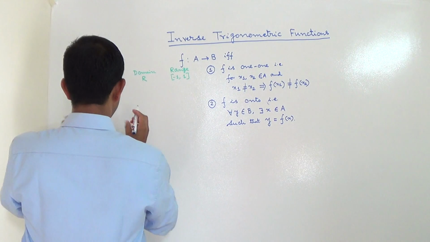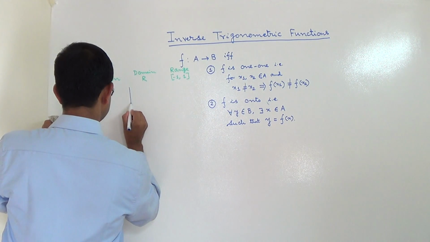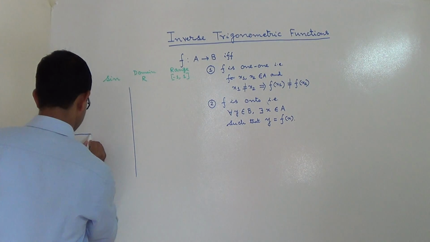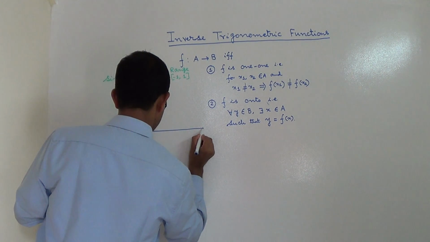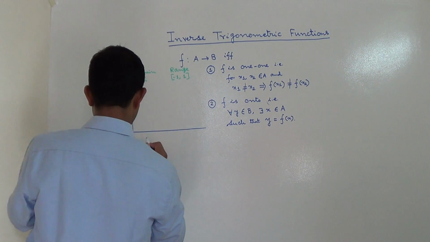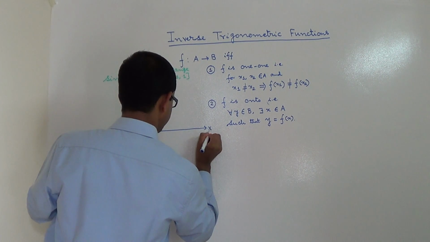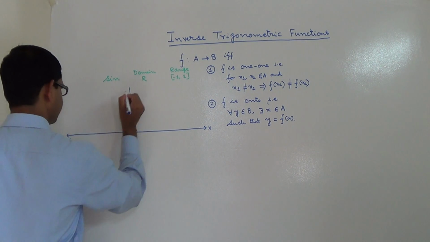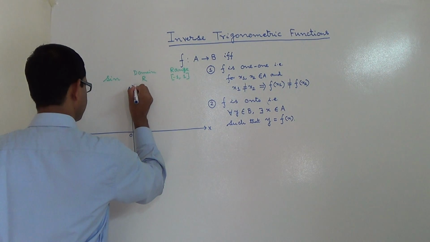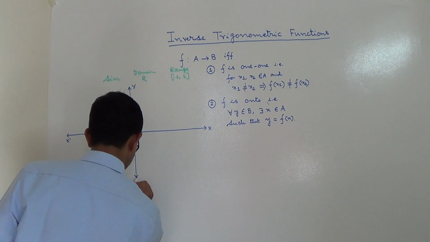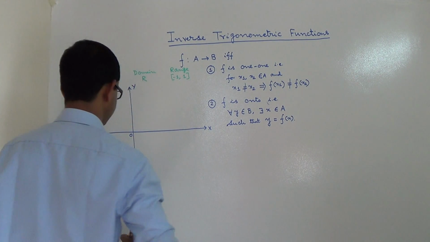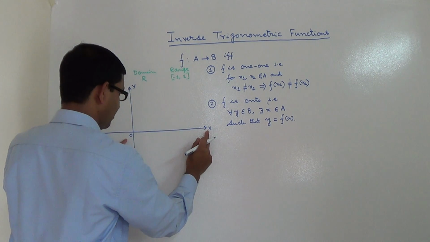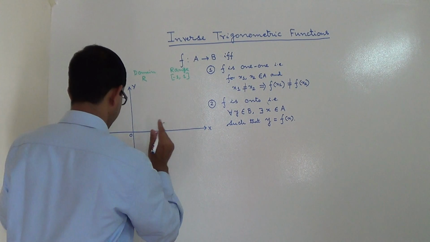If we see the sine curve, this is the origin, this is the positive direction of the x-axis, this is the negative direction of the x-axis, this is the positive direction of the y-axis, and this is the negative direction of the y-axis. Let us take the measurement along the x-axis with an interval of pi by 2.